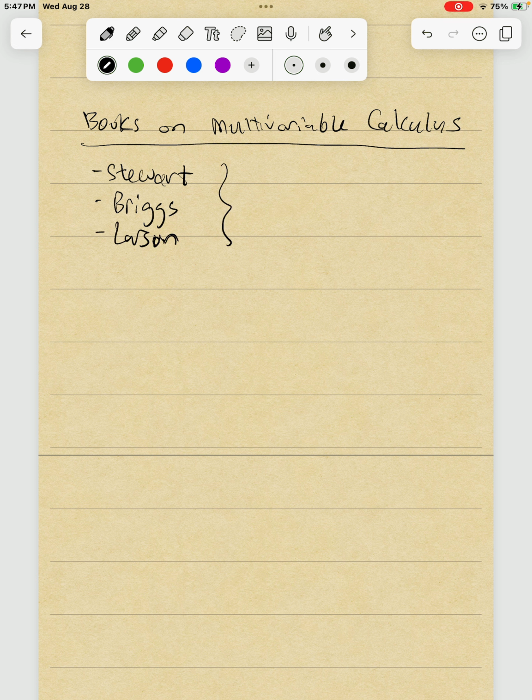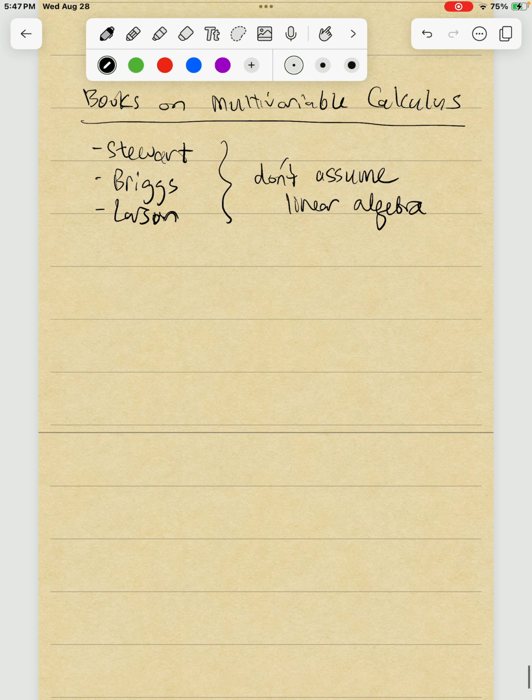These books don't assume linear algebra, and so these are basically aimed at students who are engineering majors or computer science majors who may not know linear algebra or who might take it later, and so they want to take a course where they don't have to take linear algebra first before they can take multivariable calculus.